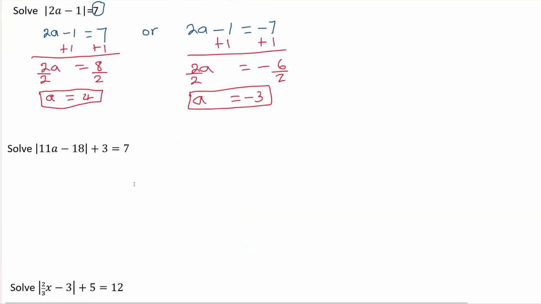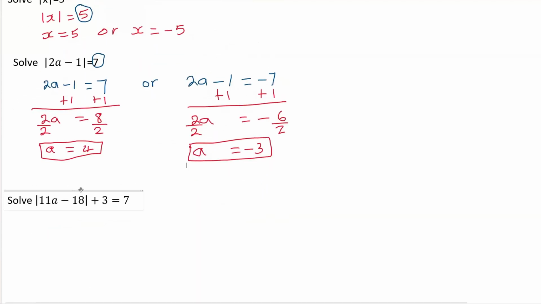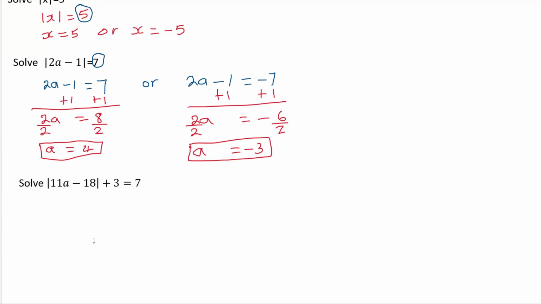All right, the next example: we want to solve the absolute value of 11a minus 18, plus 3, equals 7. Remember, when you have the absolute value on one side is when you break the equation in two.